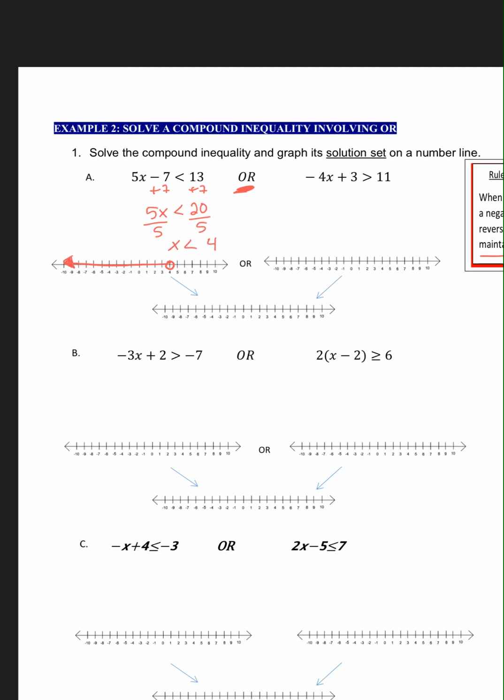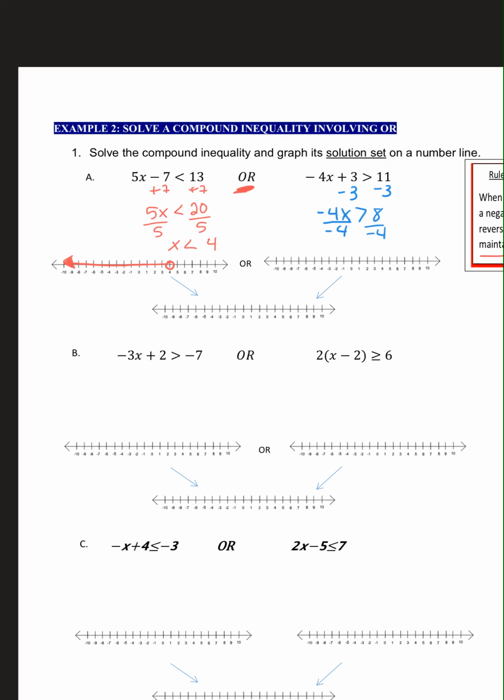Okay, the next one I'm going to do in blue. The first thing I'm going to do is the opposite of addition or subtraction. So I see addition, so I'm going to subtract 3, -3. And then I get -4x is greater than 8. Then I'm going to divide both sides by -4.